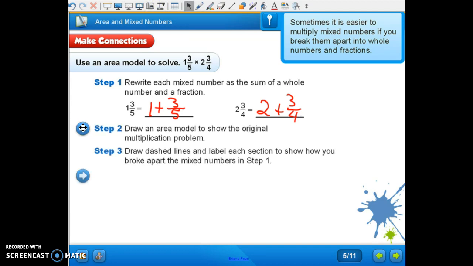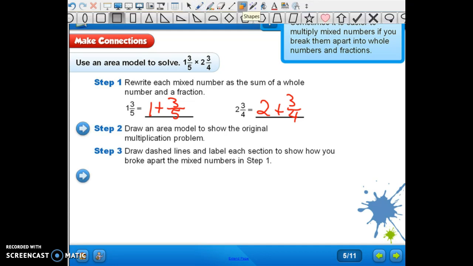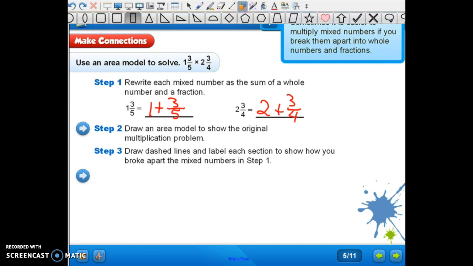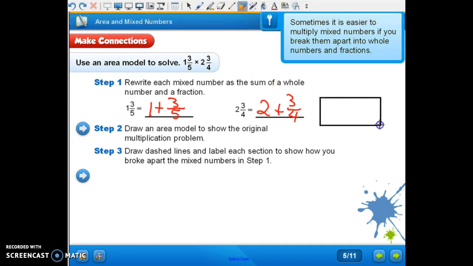Draw an area model to show the original multiplication problem. So you should draw a rectangle over to the side of your paper. Okay, so did you draw your model? You should have drawn a rectangle.